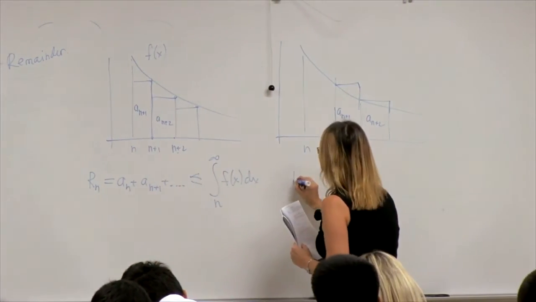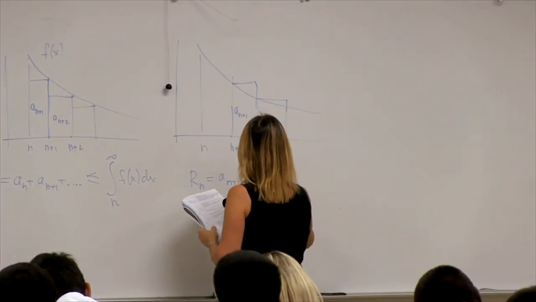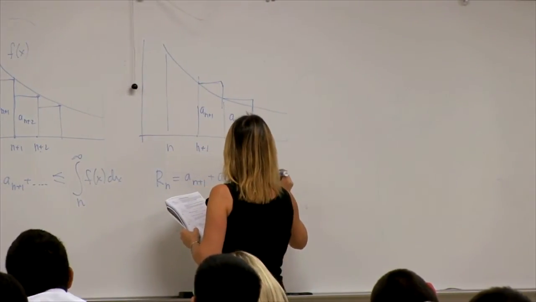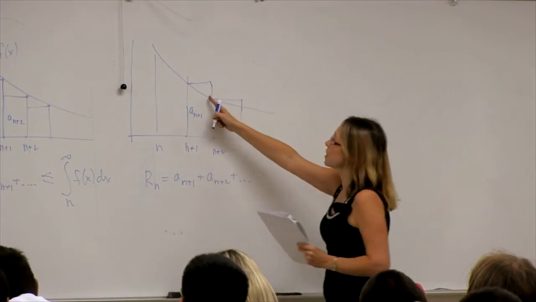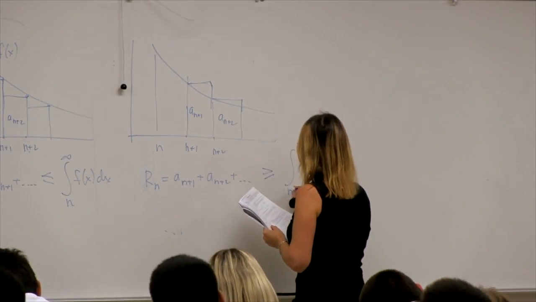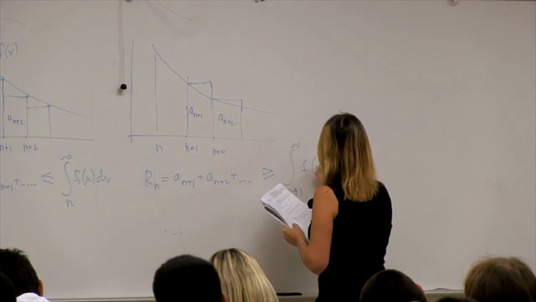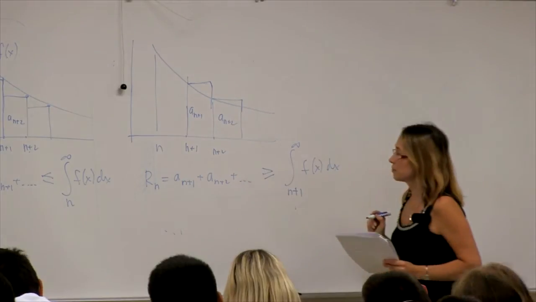Here, I have the same remainder, a n plus 1, a n plus 2, and so on. And here, you can see that by construction, these rectangles are above, so it's greater than the integral starting from n plus 1 to infinity, f of x dx. Okay.